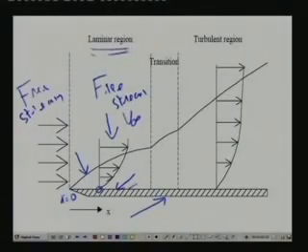Okay. Now initially this boundary layer will be laminar. So what do you mean by laminar? Laminar flow means the fluid particles will be flowing in layers or in lamina, and any mixing is only due to molecular motion. That means in laminar flow, mixing between fluid layers is purely because of molecular motion, and there is no bulk mixing.